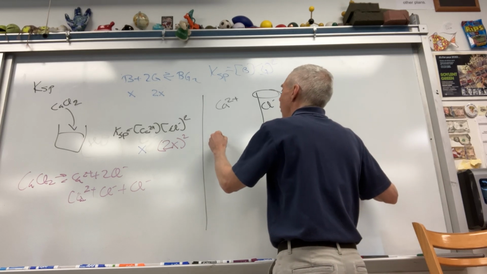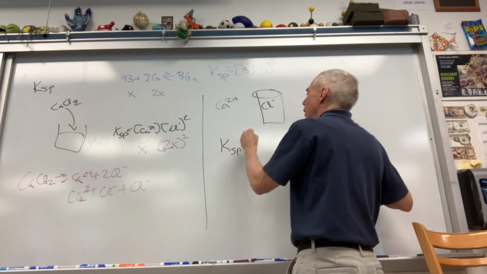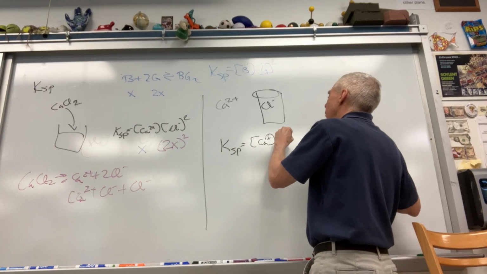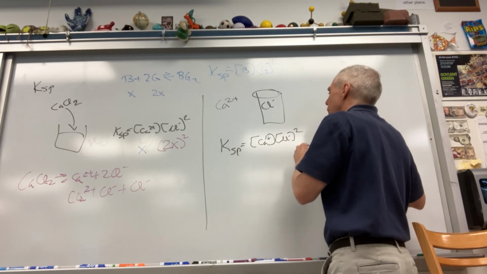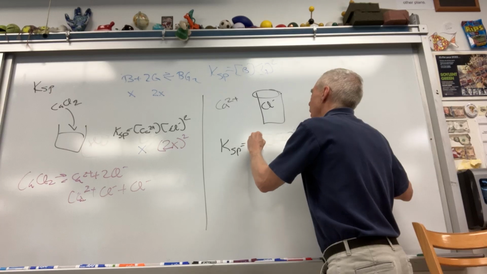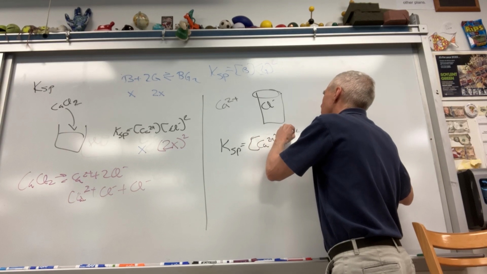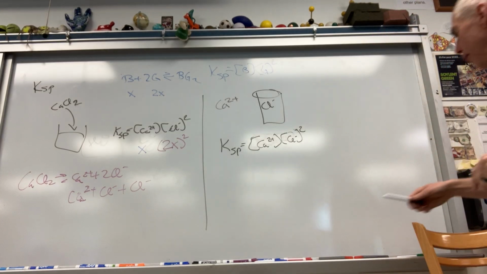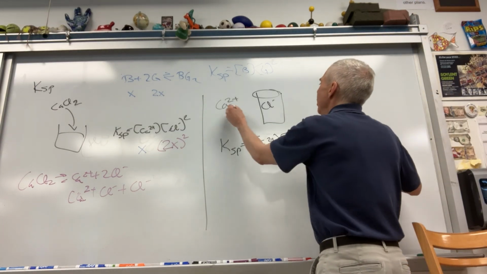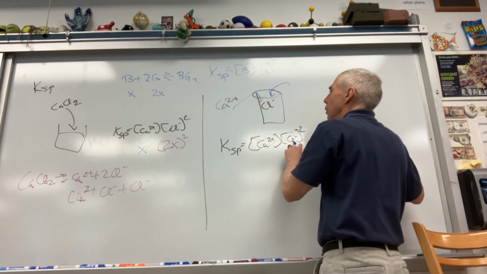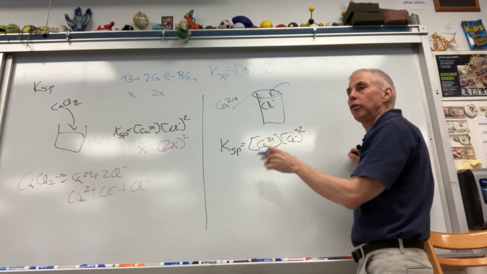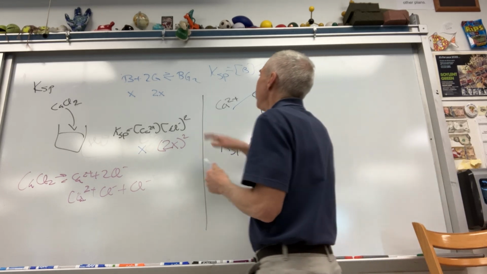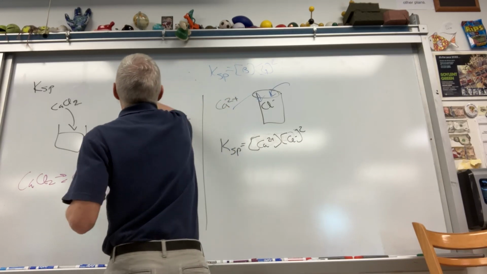Now, if I know the KSP, I say, okay, what's the KSP of calcium times chlorine, quantity squared? Calcium times chlorine, the quantity squared. Now, in this case, I threw the calcium and the chlorine in separately, so they don't have a 1-to-2 relationship.